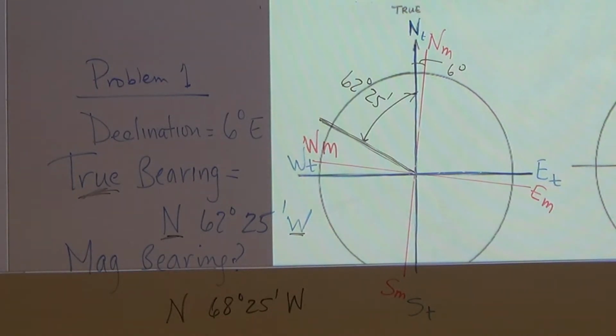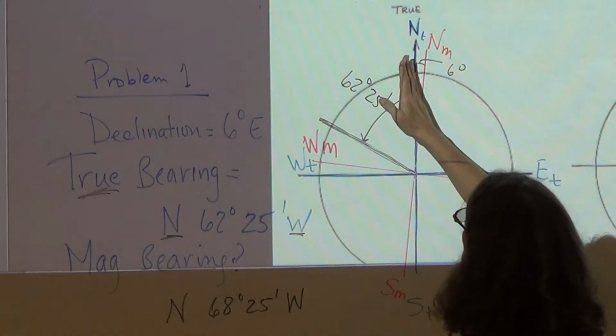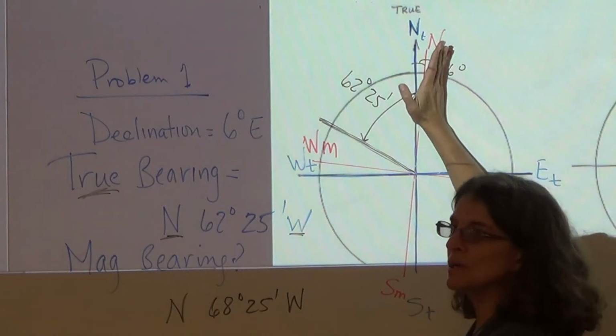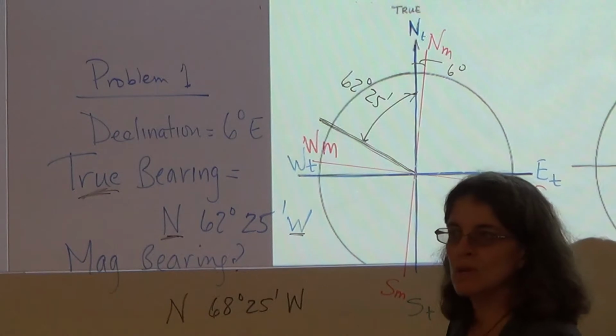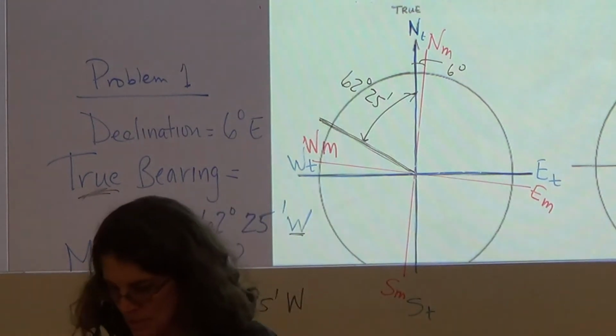So declination changes over time. The angle from true north to magnetic north in one year can be different from one year to the next. So we're going to cross over 2 time periods now.